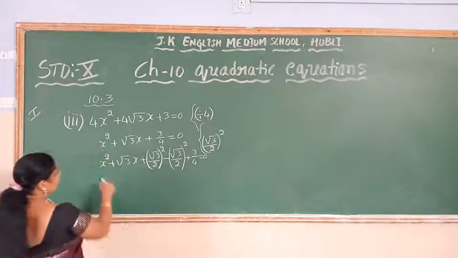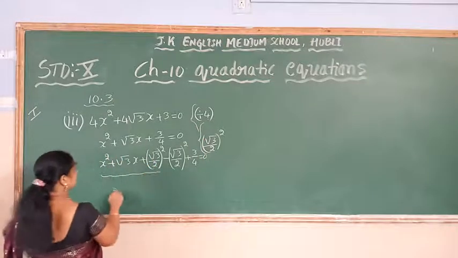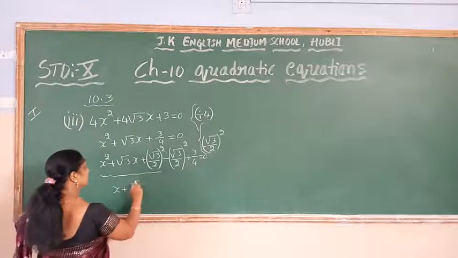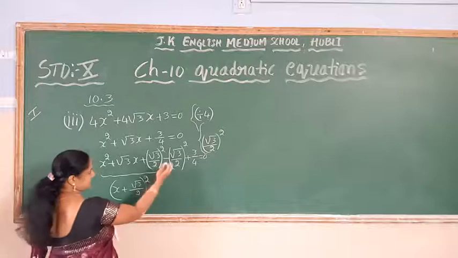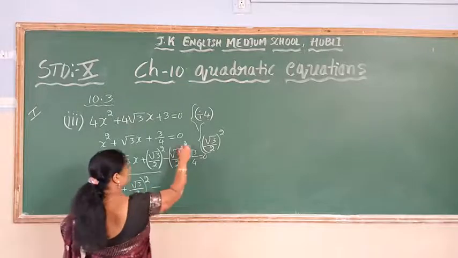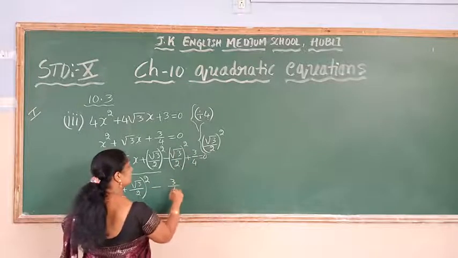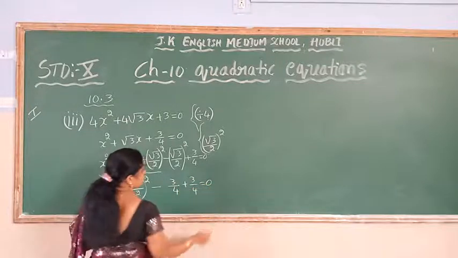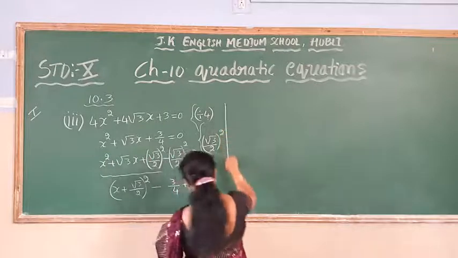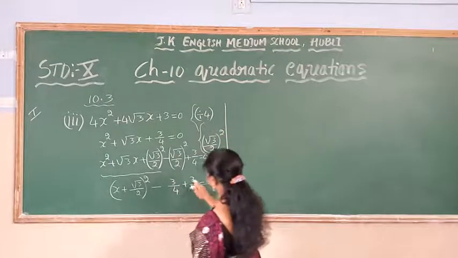Then out of these three terms I can write it as x plus root 3 by 2 whole square. Simplify this. Root 3 whole square is 3 by 4, minus 3 by 4 plus 3 by 4 is equal to 0.